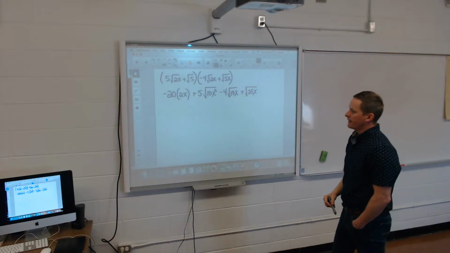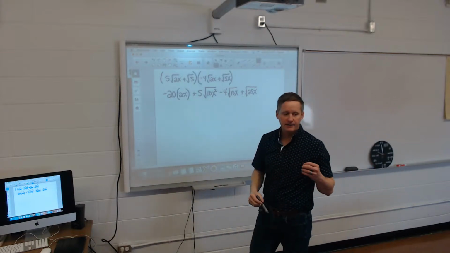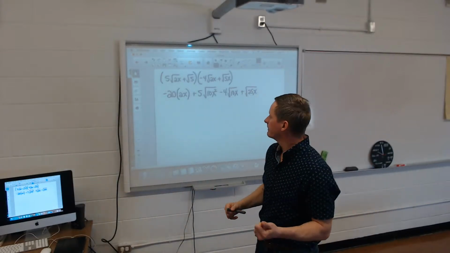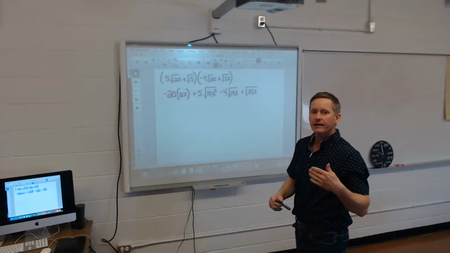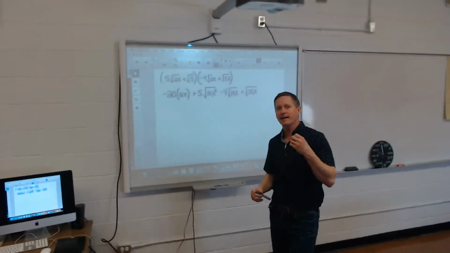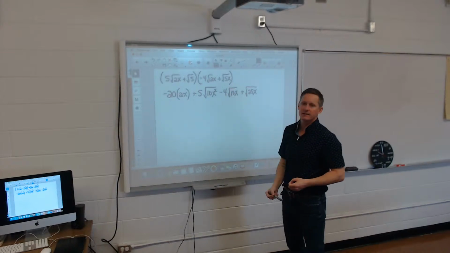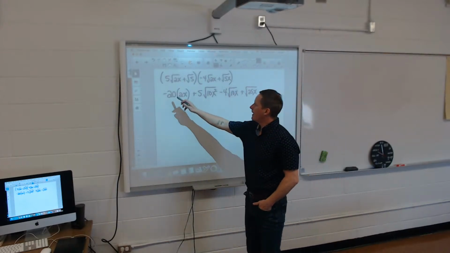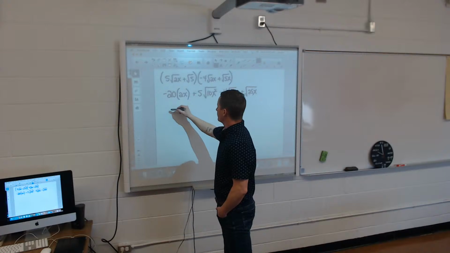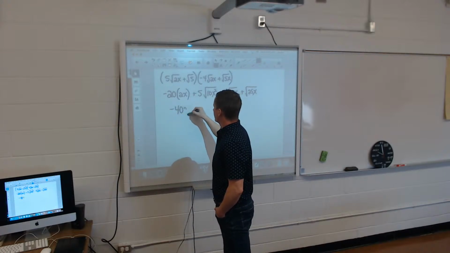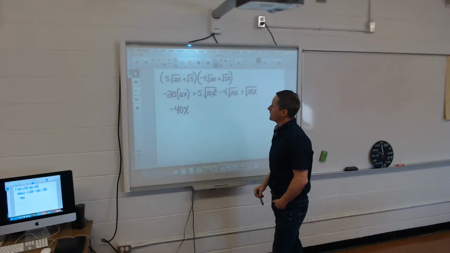Okay? Now, going back to Friday's lesson, I can't add or subtract any of these unless they are exactly the same with their variables. So I'm looking at this, I'm going to break this down, and then I'll simplify. Minus 20 times 2x, minus 40x.